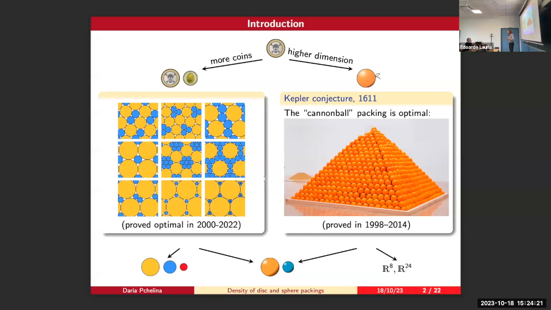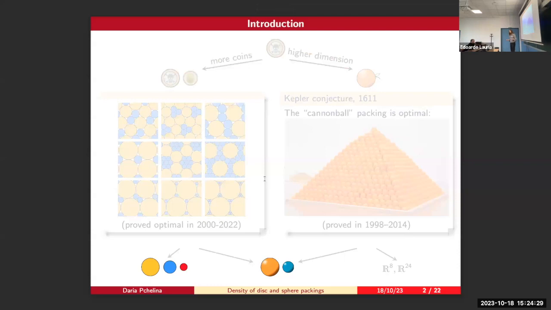Or we can both increase the number of spheres and the dimension. In this talk, we'll talk about ternary disk packings and binary sphere packings in 3D. We will not go any higher. It's too complicated.